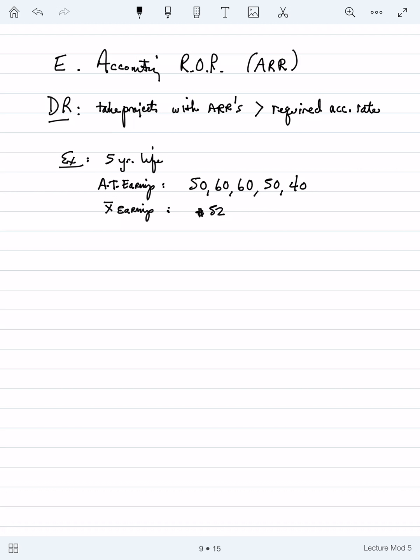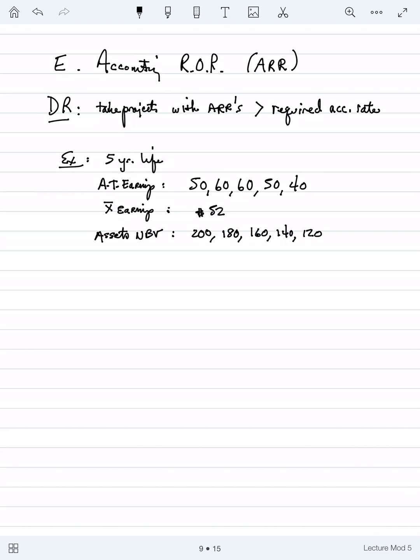Suppose the project requires assets with a net book value running like this. Call it net book value. Let's say it runs 200, 180, 160, 140, and 120.